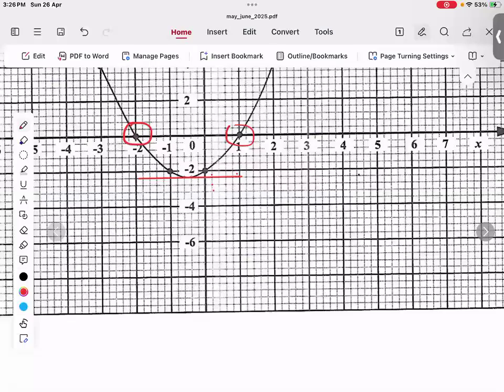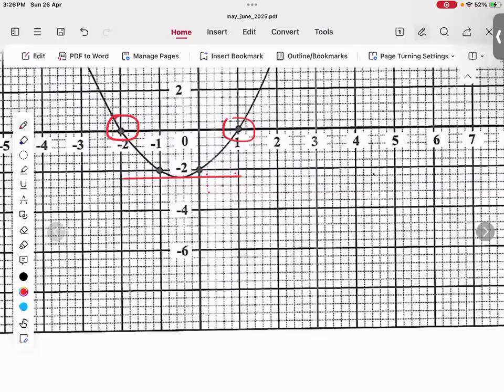Hold on, -2.4. If you count it, you will find where it is. One space would be 2, 4, 6, 8, 10, and then you reach 2 to 4. But this is a -4, remember?